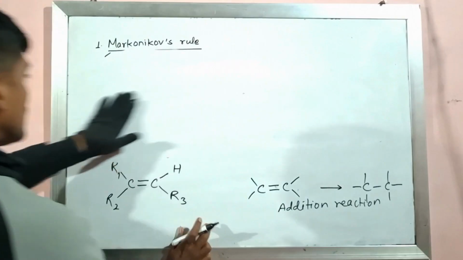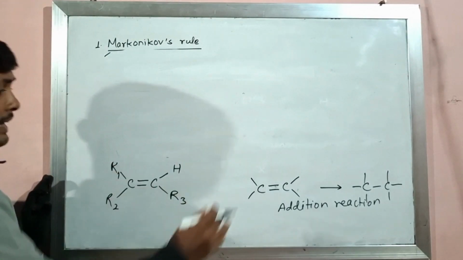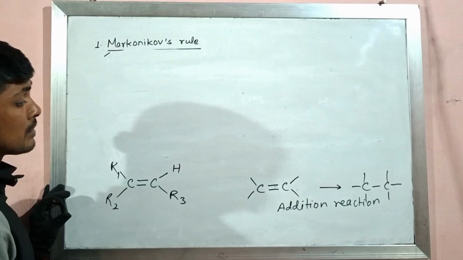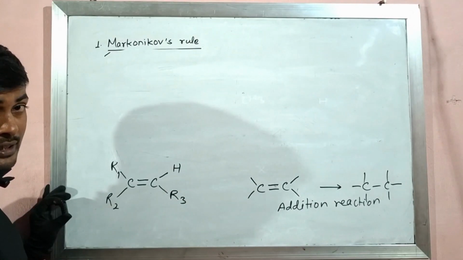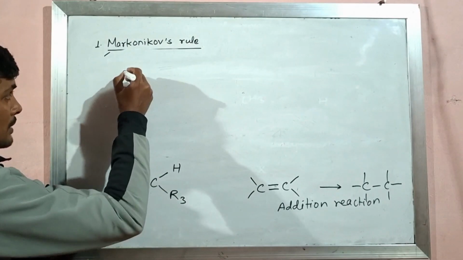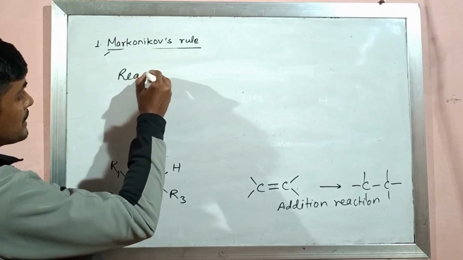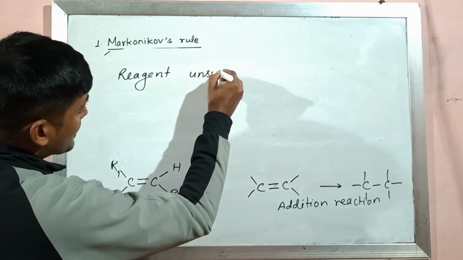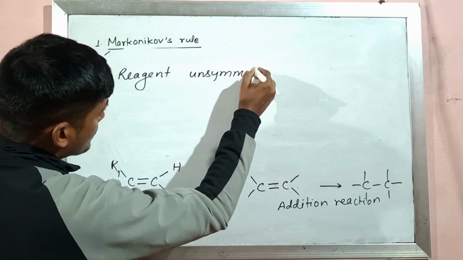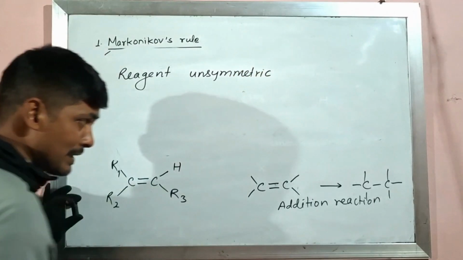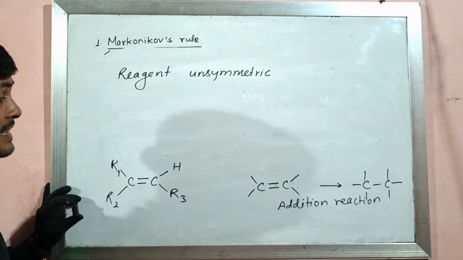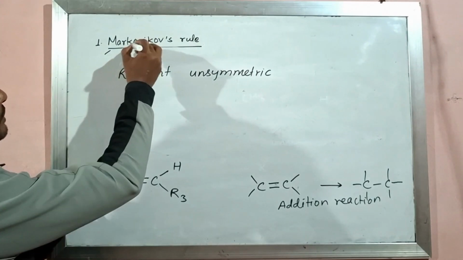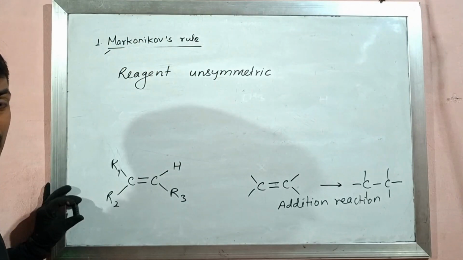One more thing: in an addition reaction, while adding the reagent to this unsymmetrical alkene, the reagent must be unsymmetric. Only if an unsymmetric reagent is added to an unsymmetrical alkene can we apply Markovnikov's rule.